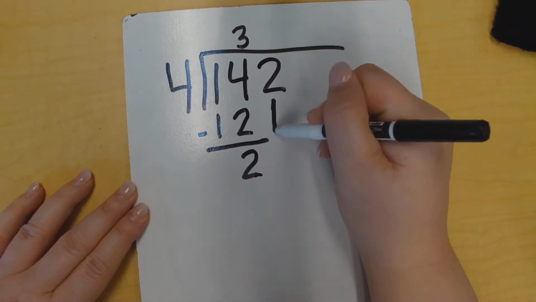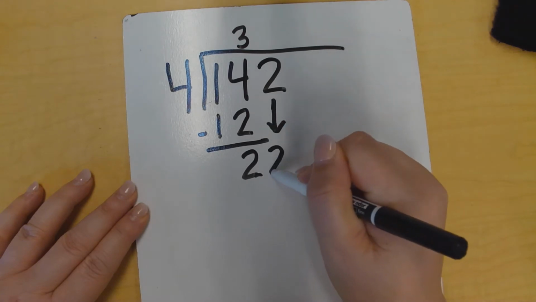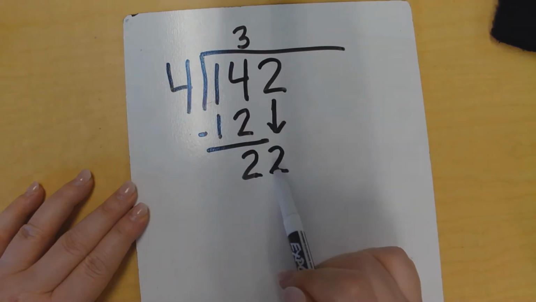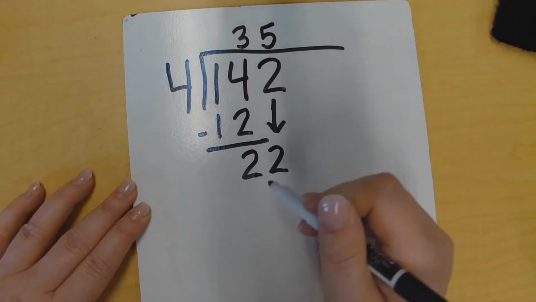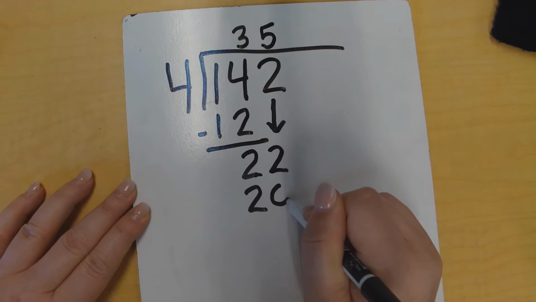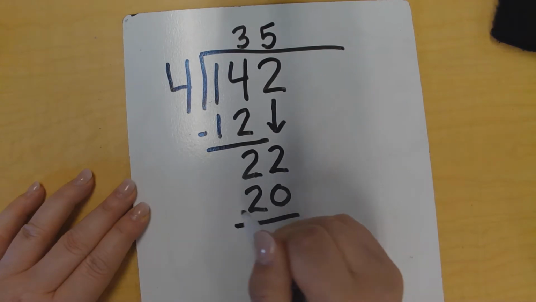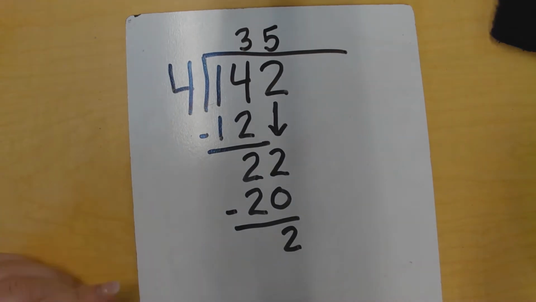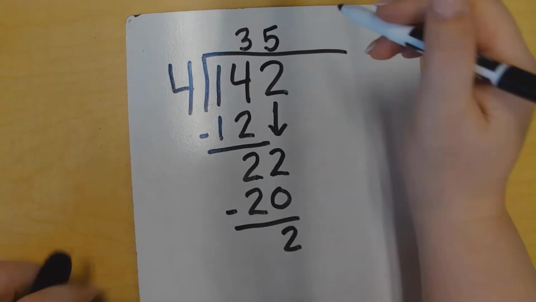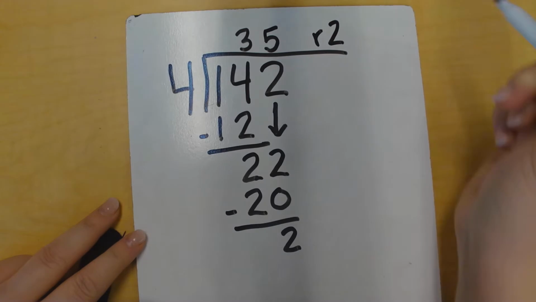We bring this 2 down. We get 22. 4 goes into 22. We know that 4 times 5 is 20, which is as close as we can get to 22. We subtract that. And normally we would have an answer of 35 remainder 2.